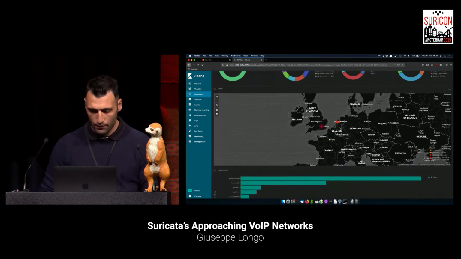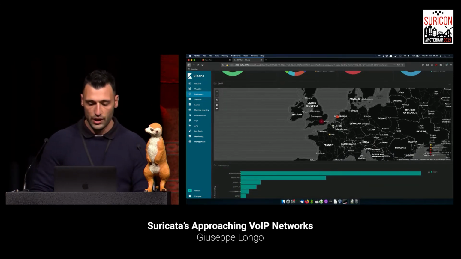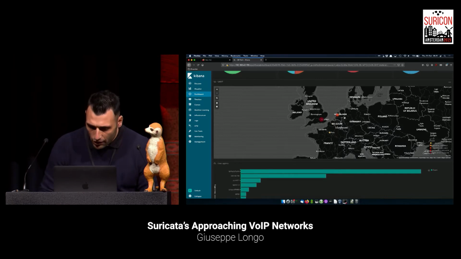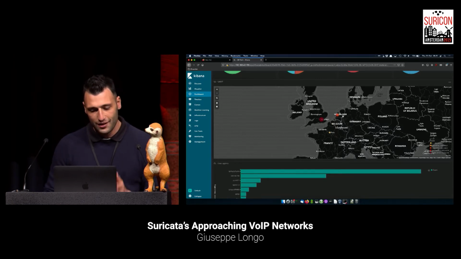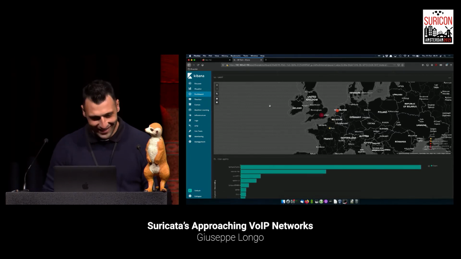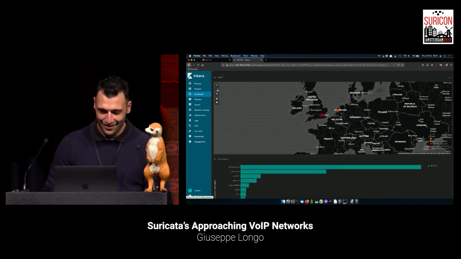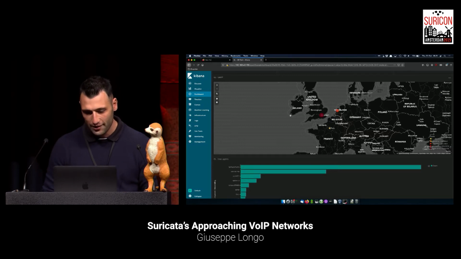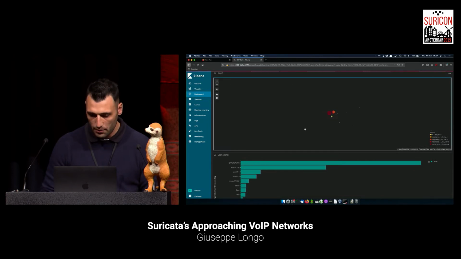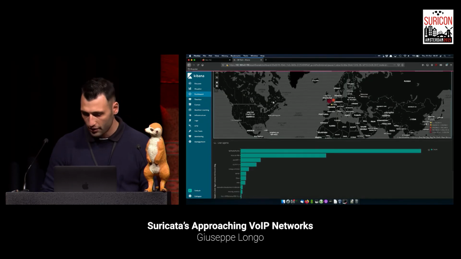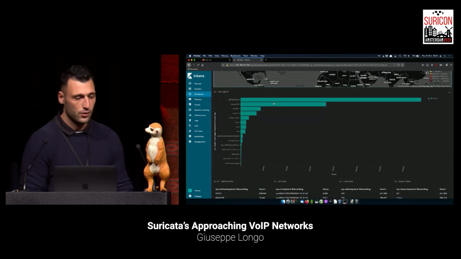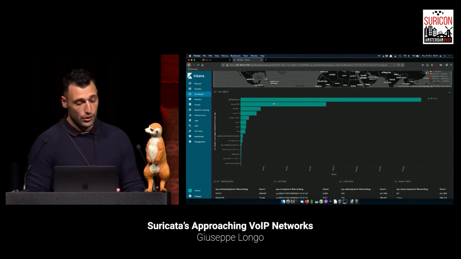This is a simple VoIP map. By looking at this map, I discovered that Victor from Netherlands has attacked my honeypot. No, sorry. Seriously, most of the attacks come from Netherlands, London, and USA maybe, or not. Okay. Anyway, this visualization is about most common user agents.